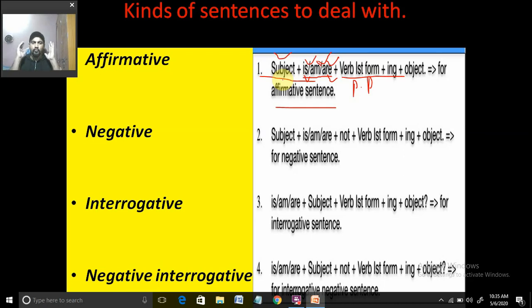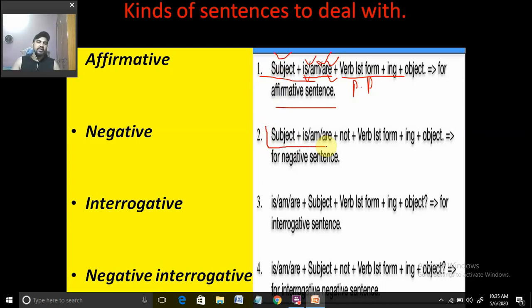When we want to say something accurately, we need to have knowledge of the proper structures. Then we have subject, then is, am, are plus not plus v1 plus ing. That is the negative structure.